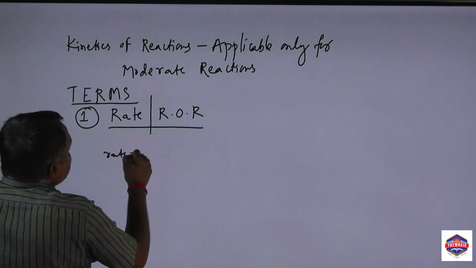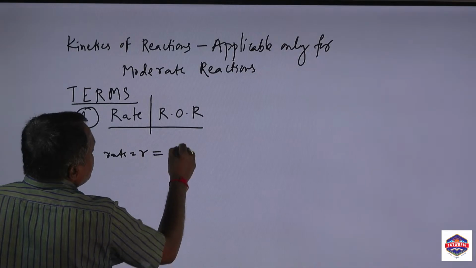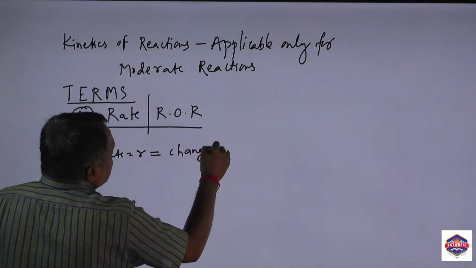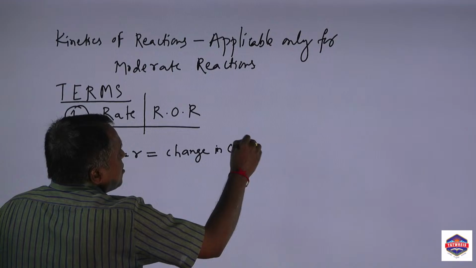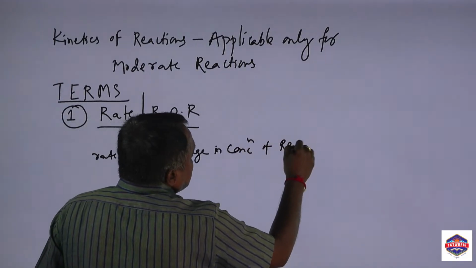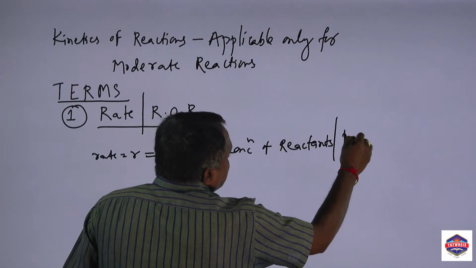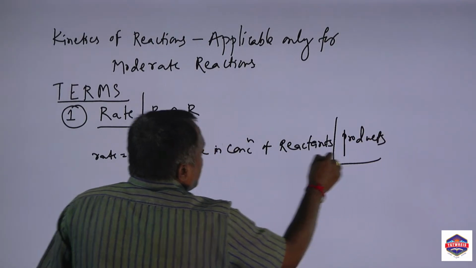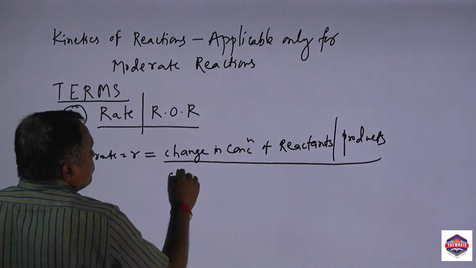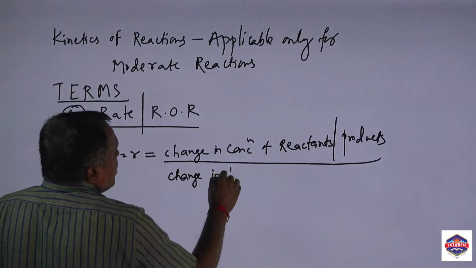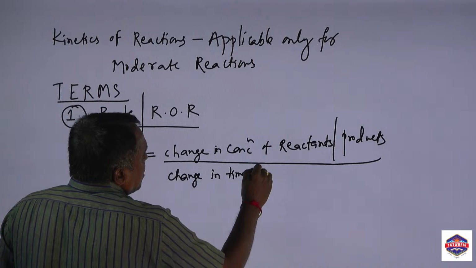For example, rate, generally represented by R, is equal to the change in concentration of reactants or products to the change in time or time interval.